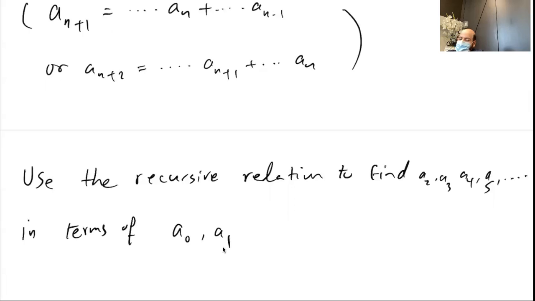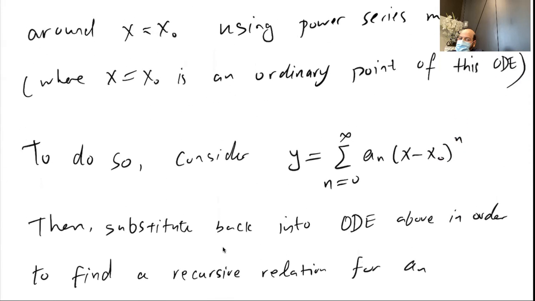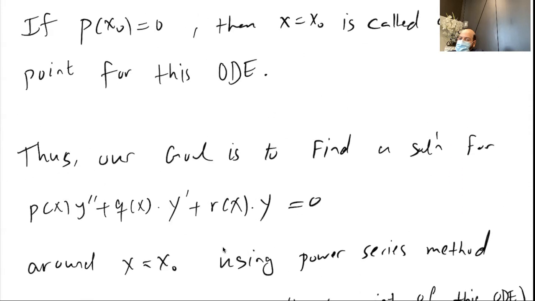A0, A1 are two constants, because remember, this is a second order ODE.